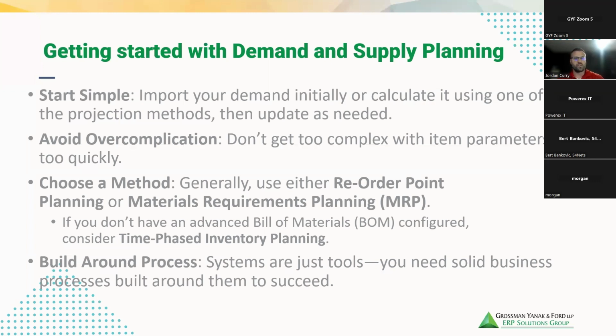Generally, you're going to choose either between reorder point or MRP. You don't even want to consider time phased. Okay. So if you're just getting on NetSuite, you don't even want to really consider time phase. It's either going to be reorder point or material requirements planning.